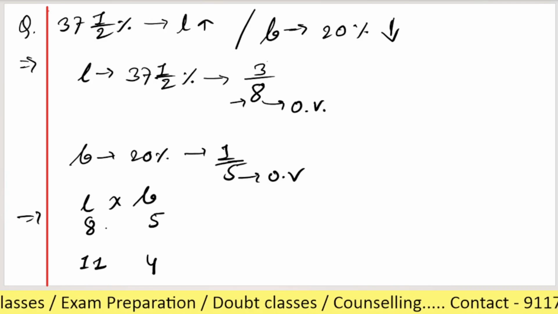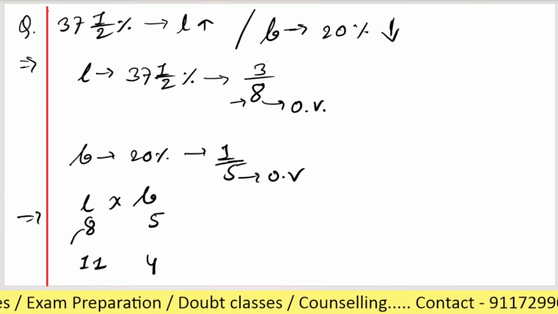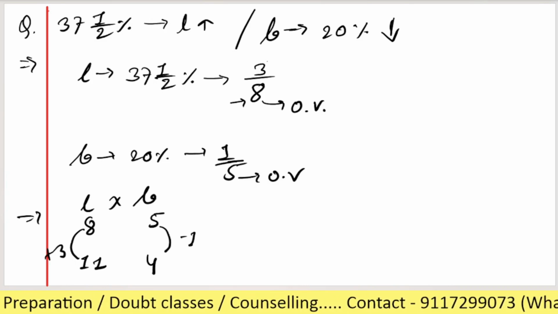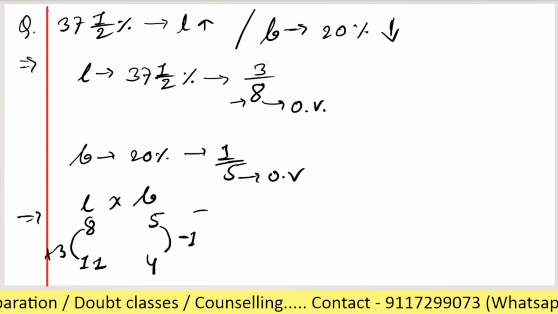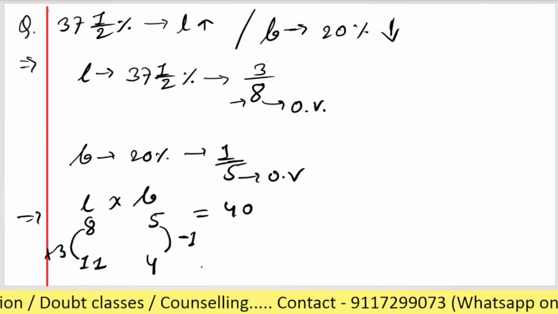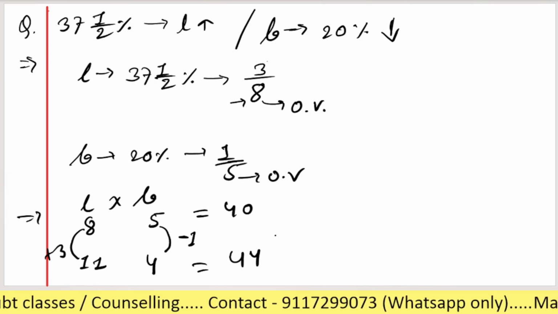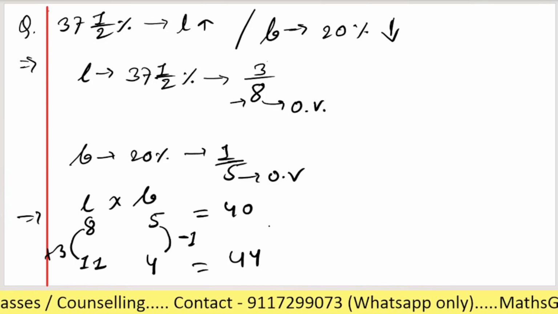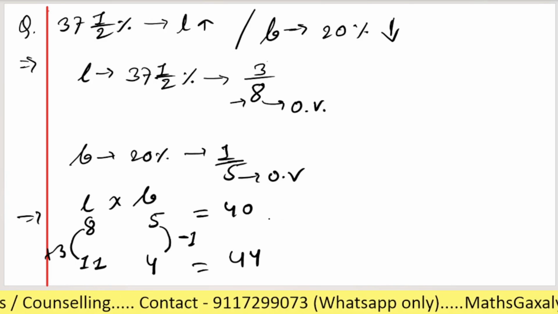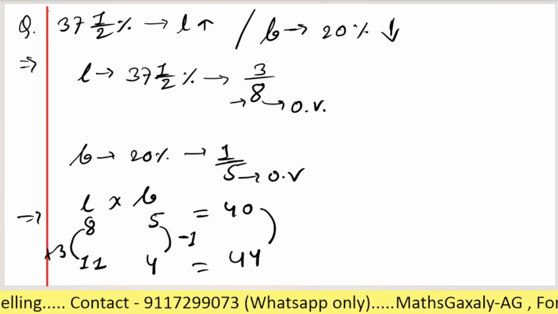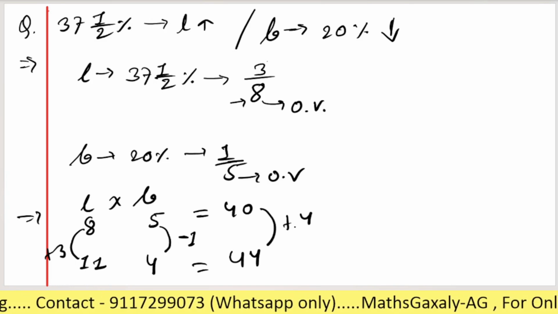Now we multiply. 8 5s are 40 and 11 4s are 44. So before the change the area was 40 units and after the change the area becomes 44 units. It is an increment of 4 units.